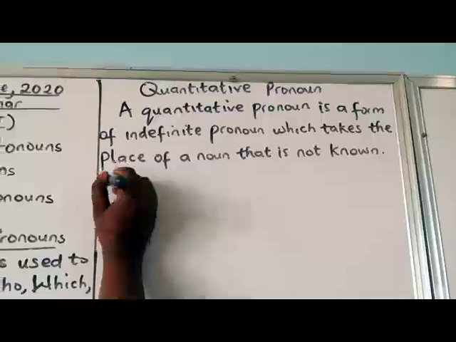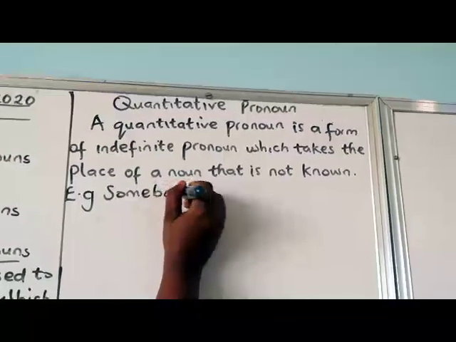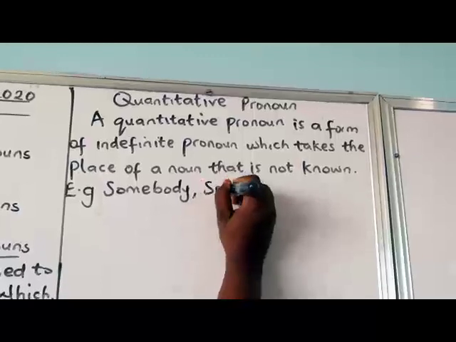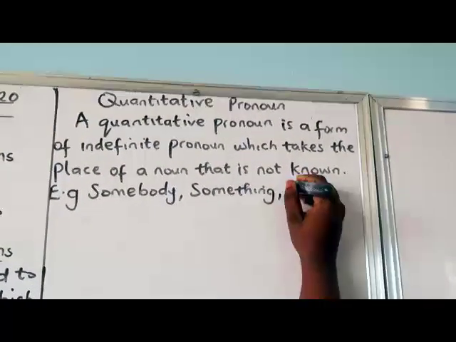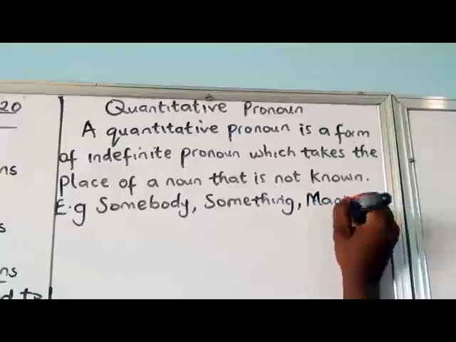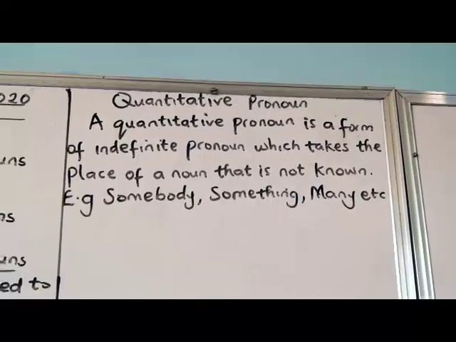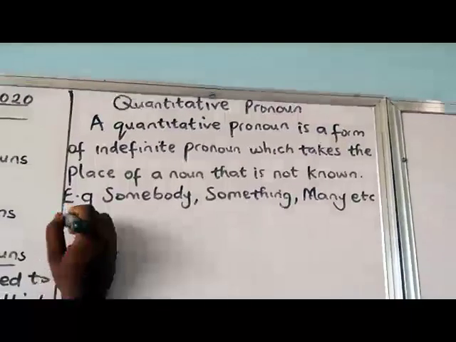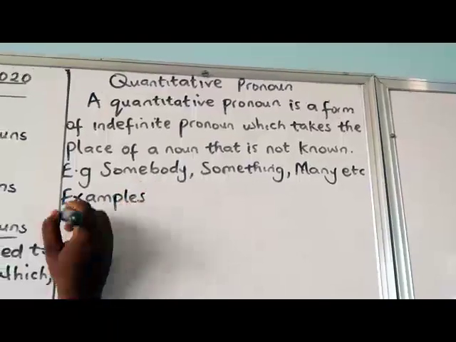Examples of quantitative pronoun: I have somebody, something, many, and so on and so forth. And the examples in sentence form, you're going to pick out the quantitative pronoun in my examples.